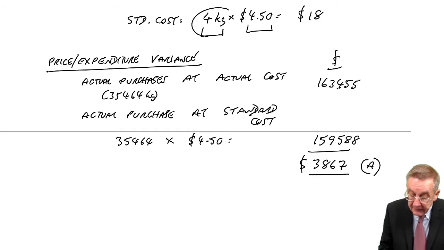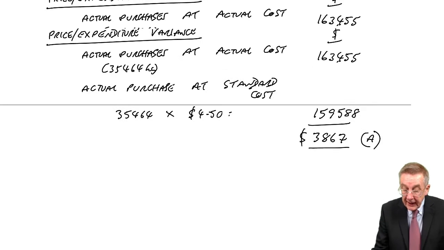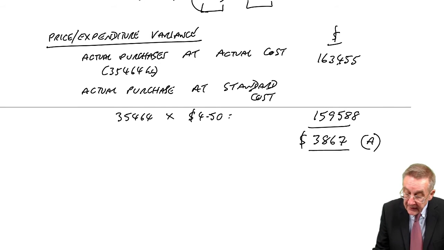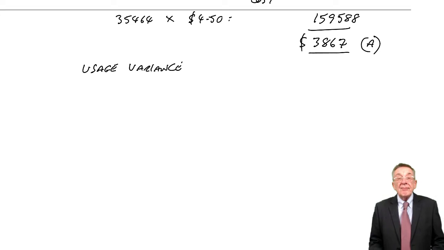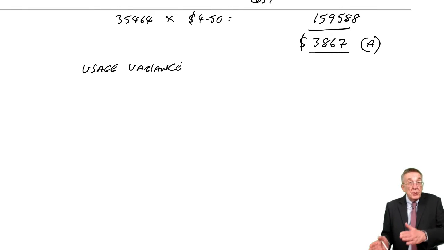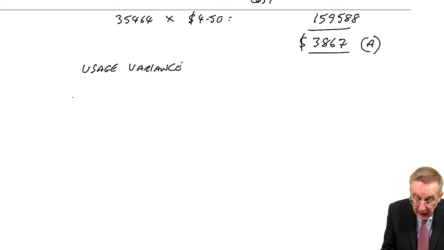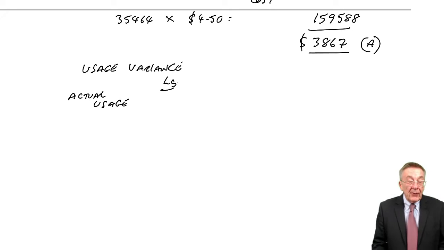We've now got to look at whether we used the right quantity or not. So this time, I don't care about the price. We assume we paid the right price. All I care about is, did we use 4 kilos or didn't we? And we call this the usage variance. And to check whether we used too many or too few kilos, we compare our actual usage in kilos.